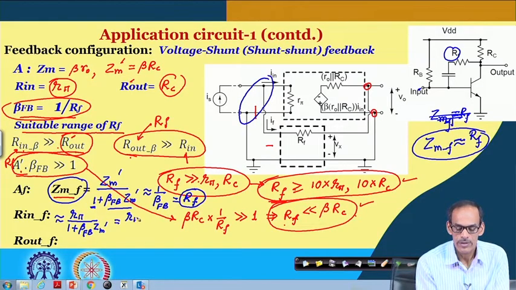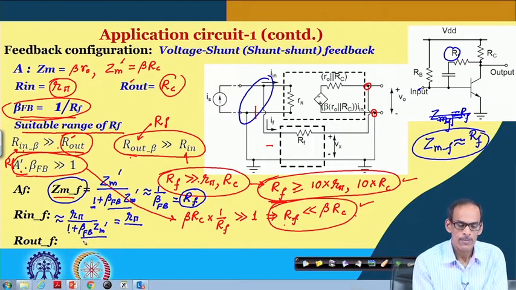So, this is R pi divided by, if I say that this part is dominating over 1, beta f b, which is 1 by R f, and then we do have beta into R c.